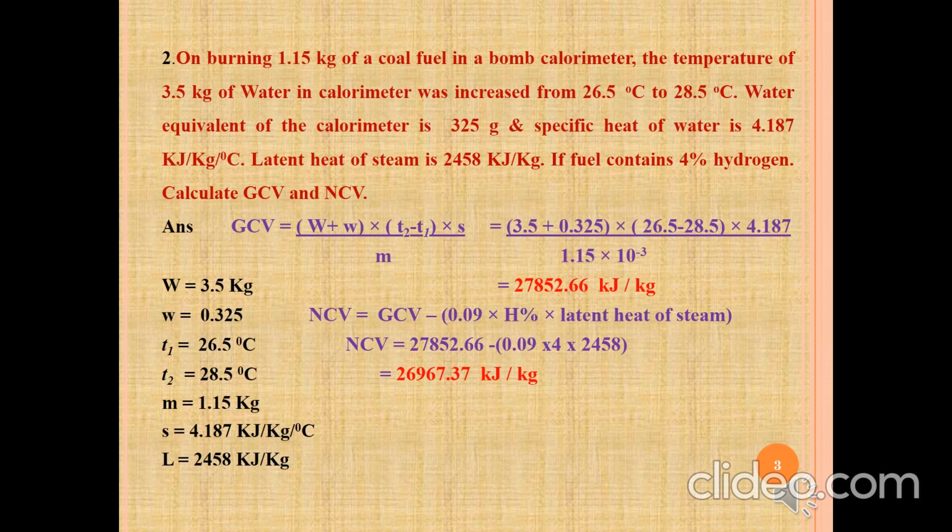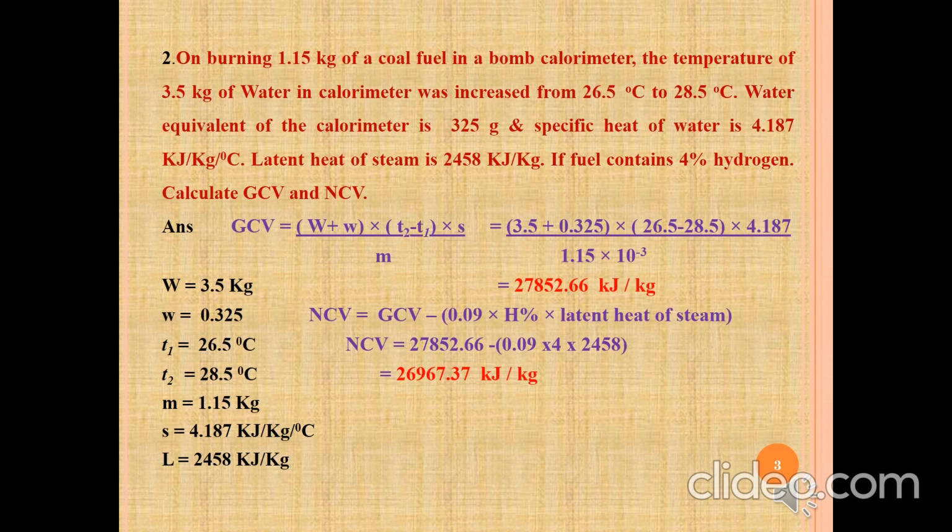Next problem. On burning 1.15 kg of a coal fuel in a bomb calorimeter, the temperature of 3.5 kg of water in calorimeter was increased from 26.5 degrees Celsius to 28.5 degrees Celsius.